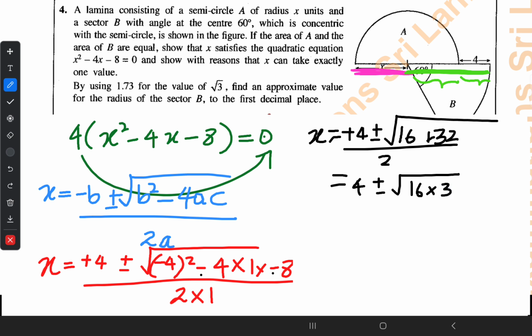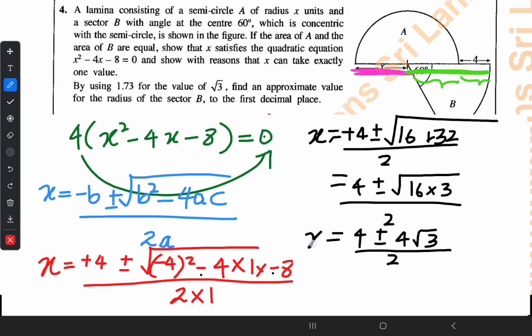You know how to convert an entire surd to a partial surd. Likewise, we have to show that the number under the root is given as a multiplication of a square number and another number. So the square root of 16 will become 4, giving 4 square root 3, divided by 2.